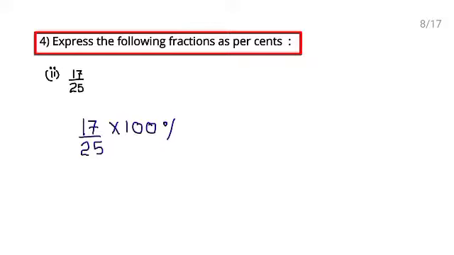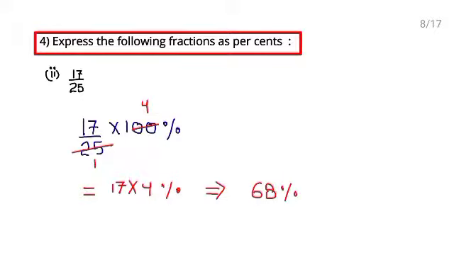Right, multiply by 100 and put percent sign because now this is in percent. Calculate it. 25 ones are 25, 25 fours are 100. So this is 17 multiply 4%. Multiply it. 17 fours are 68%. This is your answer.